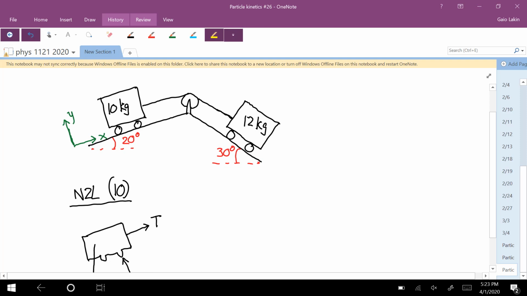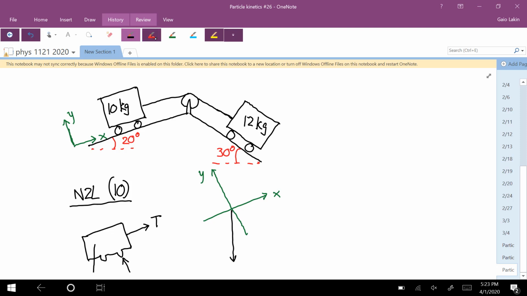Okay, so now let me draw that coordinate system. And the weight force is like this, where this angle is 20 degrees. So as a force vector, that's going to be 98.1 times cosine and sine of 270 minus 20, which is 250.